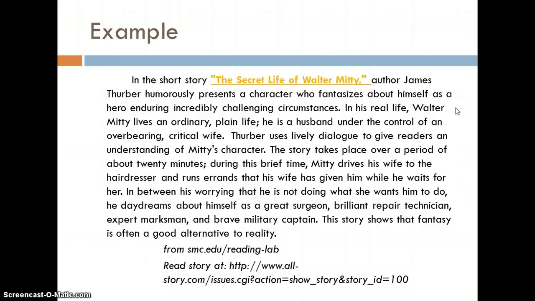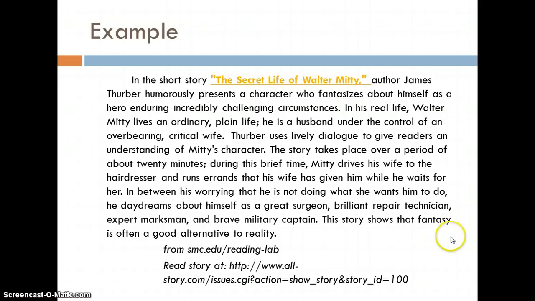In between his worrying that he is not doing what she wants him to do, he daydreams about himself as a great surgeon, brilliant repair technician, expert marksman, and brave military captain. So, in the body of this paragraph, we have details about the plot, what actually happened in the short story.